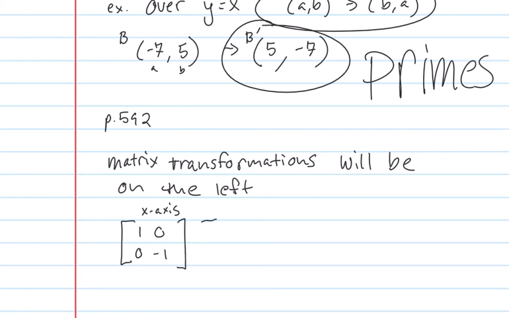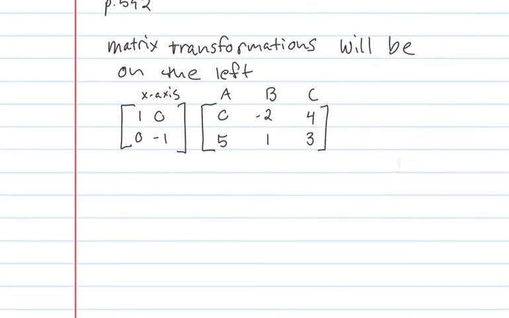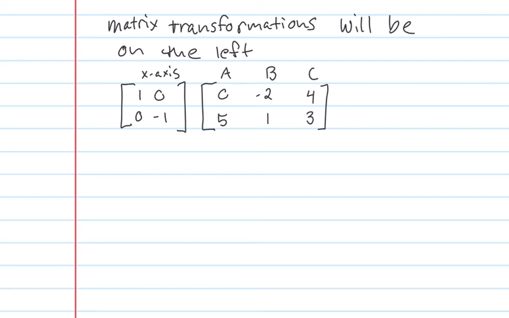Alright, if I have, let's say, a triangle, A, B, and C, 0, 5, negative 2, 1, and 4, 3, we need to use our matrix multiplication in order to transform these. So I'm going to scoop and pour. So that means in this A prime spot, I have 0 times 1 plus 0 times 5.